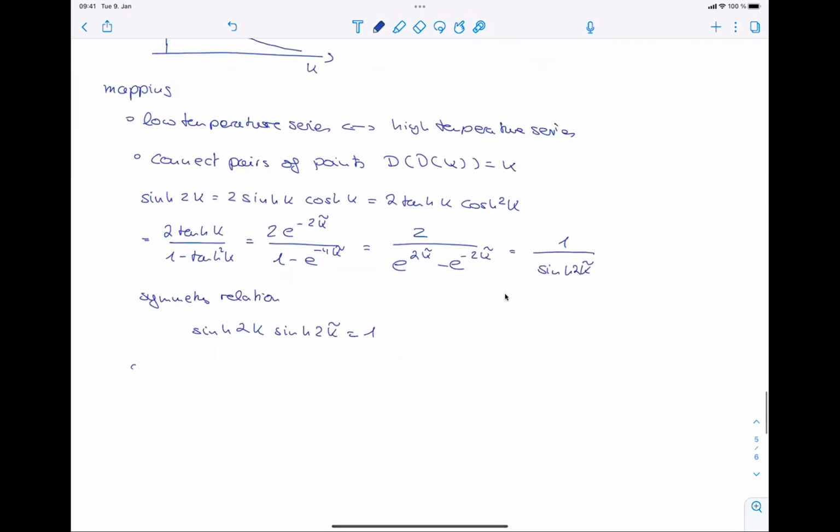So in words, if now my mapping G of K is singular at a critical Kc, then it must be singular for the tilde one too, for the back one.